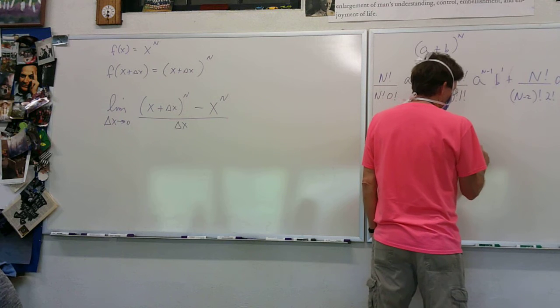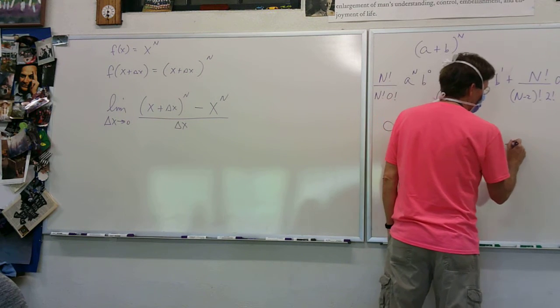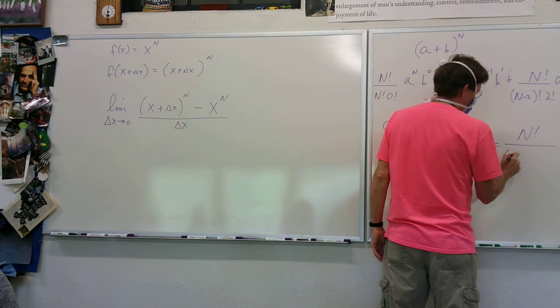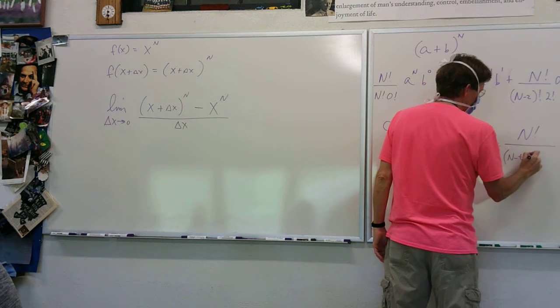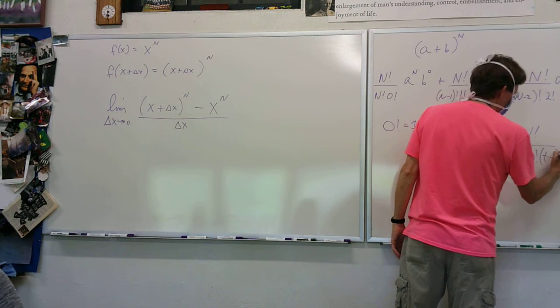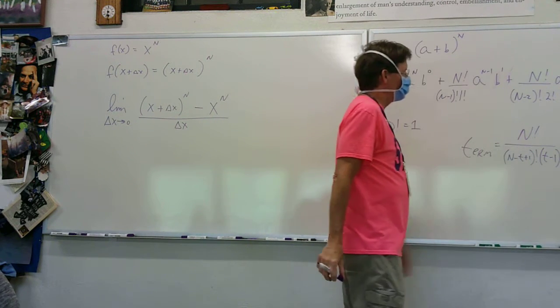And you already know how to get the coefficient out front. It's n factorial over n minus what term it is plus 1 factorial, and then the term minus 1 factorial. And that's a formula for finding them.